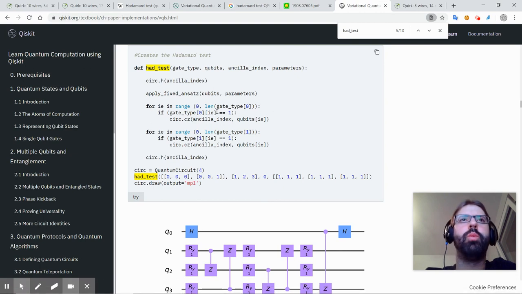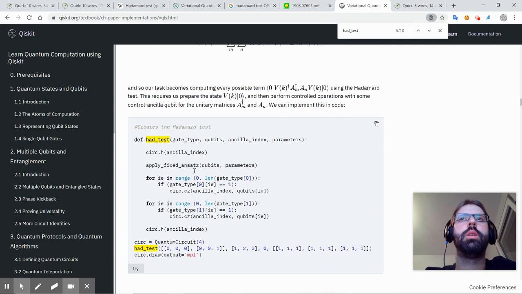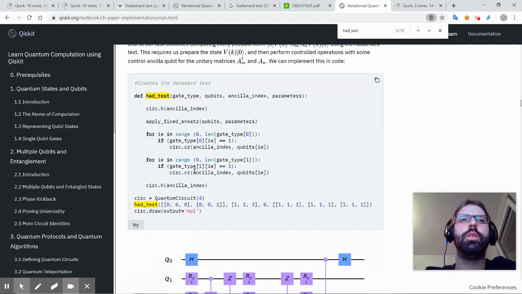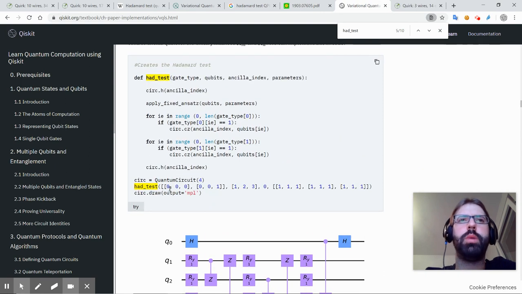If the gate type is 1, what is gate type? So this seems to apply to the 3 qubits, but then there's this support for this gate type thing in here, which basically makes it only apply once.